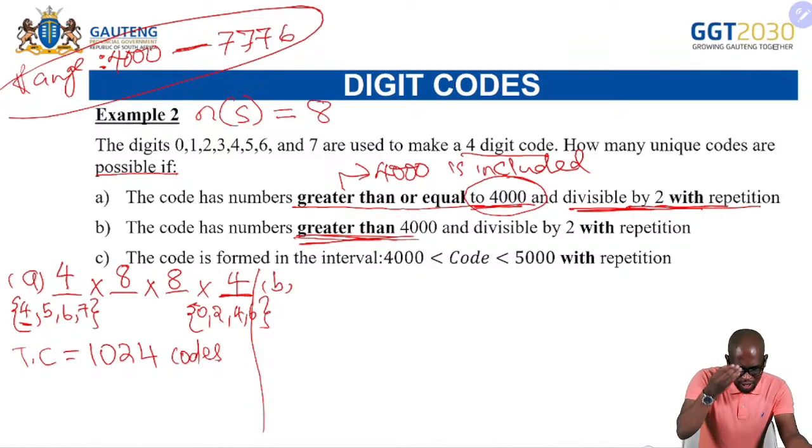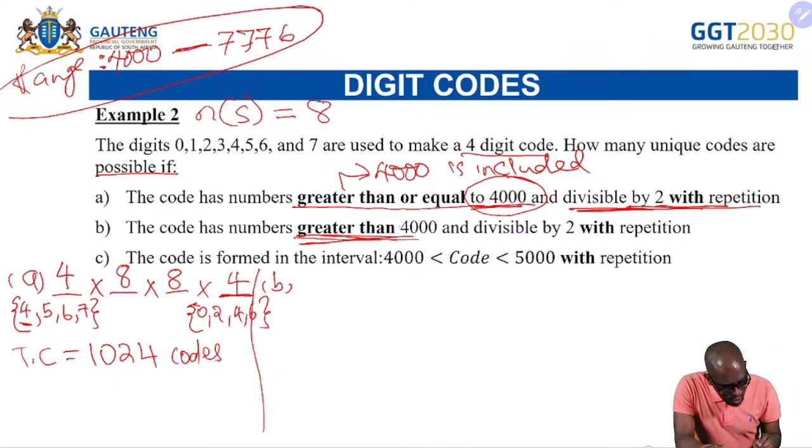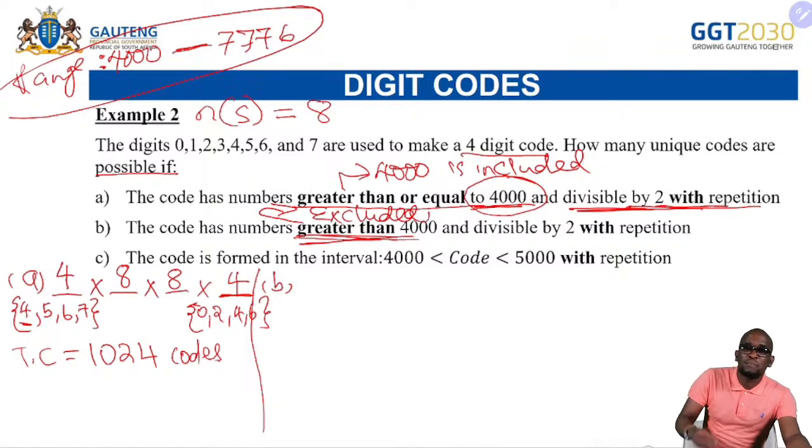However, here 4,000 is excluded by the condition, because the second one says greater than. So this condition naturally excludes 4,000.